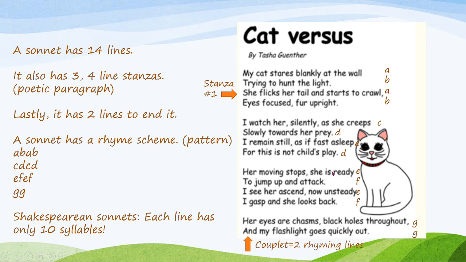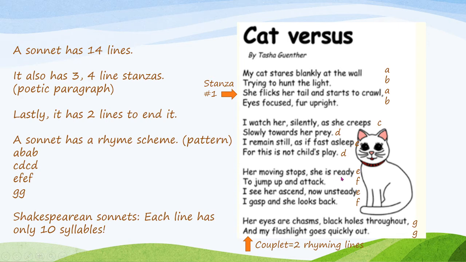Good. Now, the next stanza, stanza number 3, follows E, F, E, F. Now, why do we keep changing E, F, E, F? Why don't we put A, B, A, B? Or C, D, C, D? Well, take a look at these words. Because A does not rhyme, wall does not rhyme with ready, so it gets its own letter for the rhyme scheme.